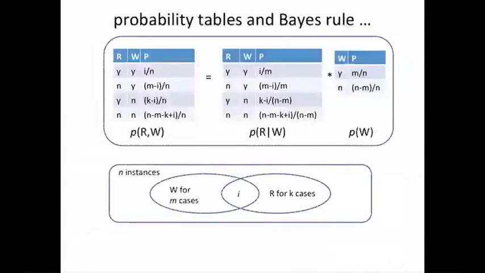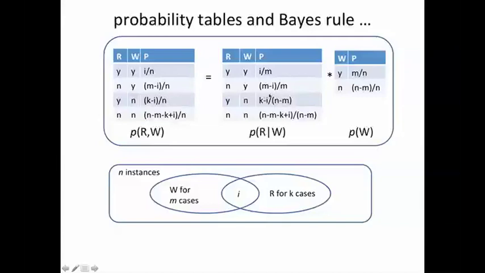Now let's see how we might write Bayes' rule in terms of these potentials or probability tables. Remember that Bayes' rule stated that the joint probability of R and W together is the conditional probability of R given W multiplied by the probability of W itself, which in the simplest case of yes and yes, we were simply writing I by n as I over m times m by n, simple arithmetic.